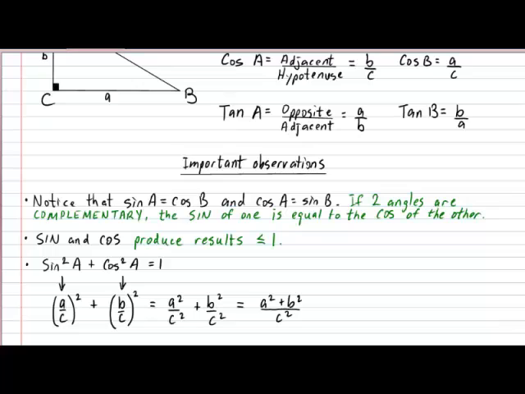And thanks to the Pythagorean theorem, we see that A squared plus B squared should give us the hypotenuse squared, which is C squared, over C squared. And as you can see, C squared over C squared simply gives us 1.